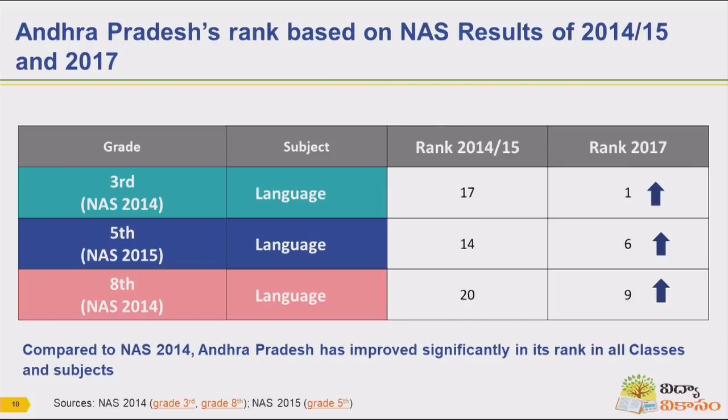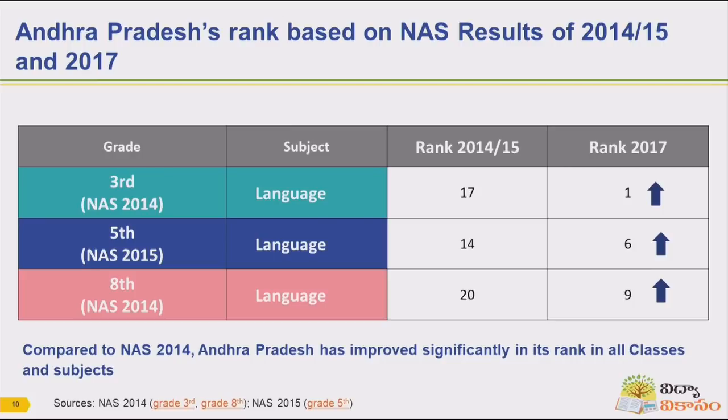When you compare NAS results from 2014-15 to the current year 2017, we are in 1st rank in class 3, but in 2014-15 we were in 17th rank. So, there is a huge improvement in class 3 students' learning levels.